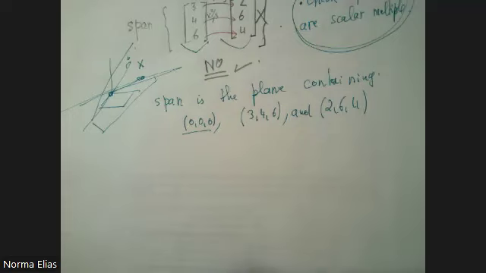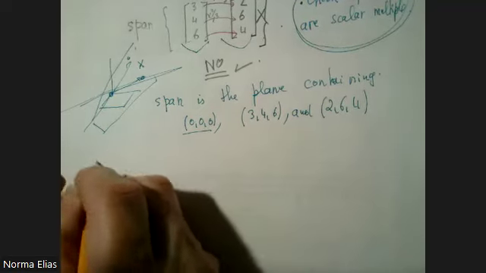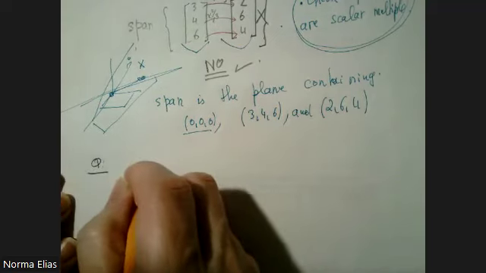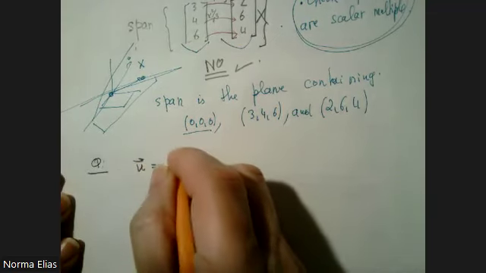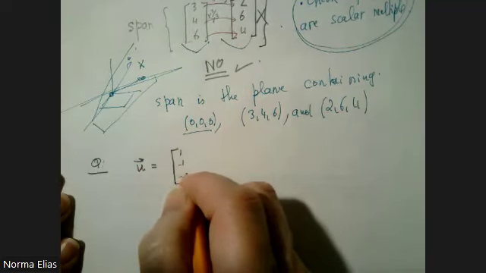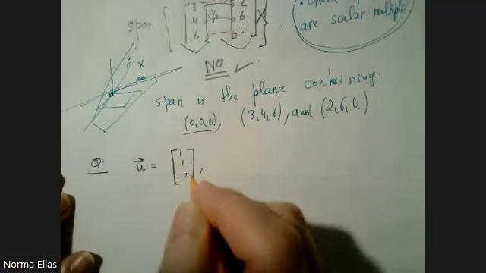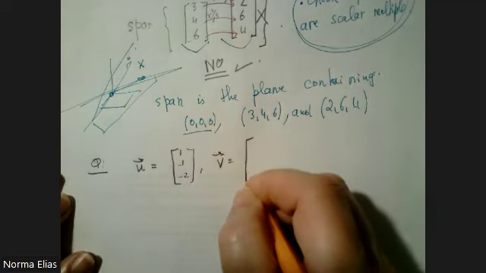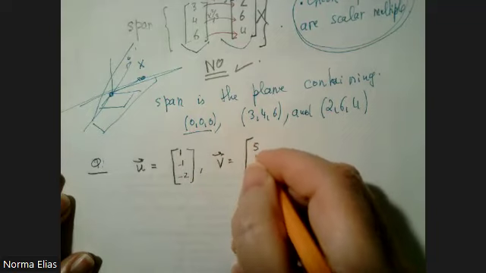Right, one more question along those lines, which is the following. Suppose I take U to be the following vector: 1, minus 1, minus 2. And V to be 5, minus 4, minus 7.